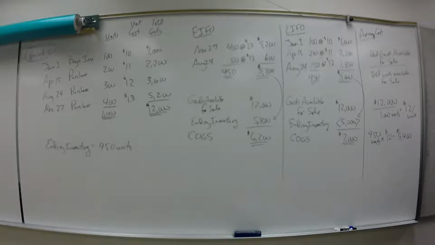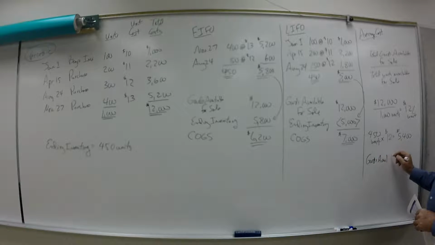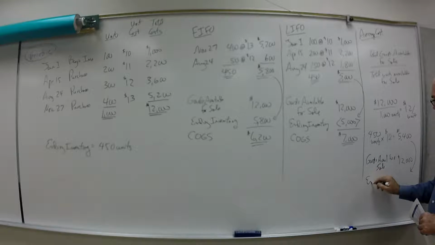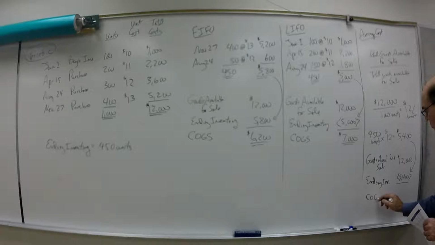That wasn't too hard. And then how do you think I find my cost of goods sold? Same calculation. I take my goods available for sale, which was $12,000, and I subtract my ending inventory, which was $5,400, and that's going to give me my cost of goods sold, which is $6,600.